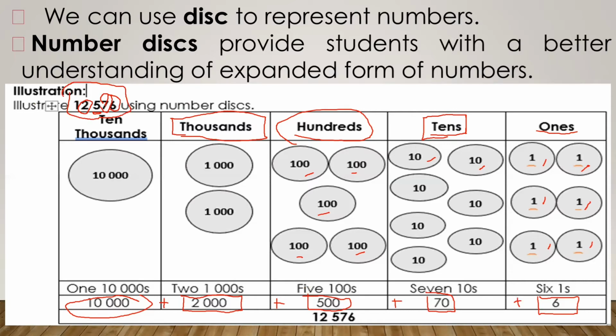So, that is the expanded form of 12,576. So, now since we know the number disk can help us to represent or to expand the value that we have, let's proceed to the next one.